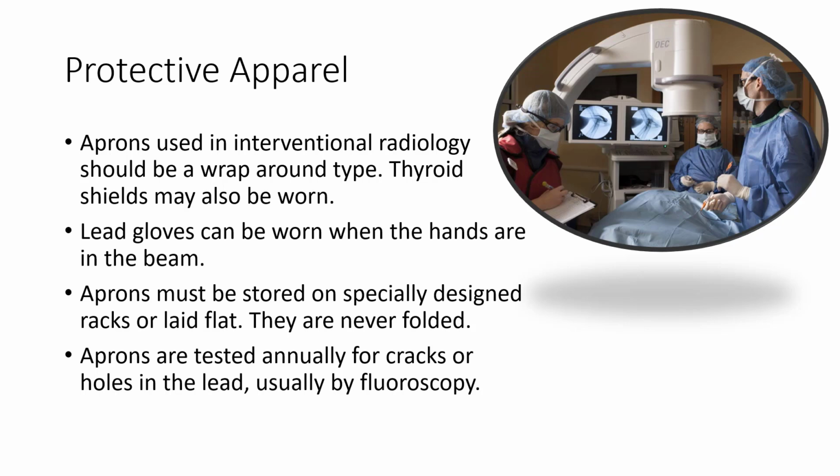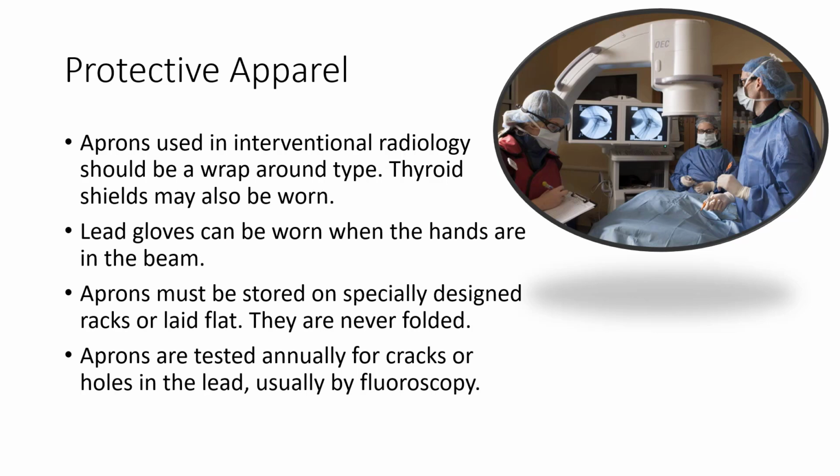The most exposure occupational workers will receive is usually in an interventional type of room, such as cardiology or special procedures, where they're doing fluoroscopy, and the occupational worker should wear a wraparound type of protection, and a thyroid shield may also be worn.